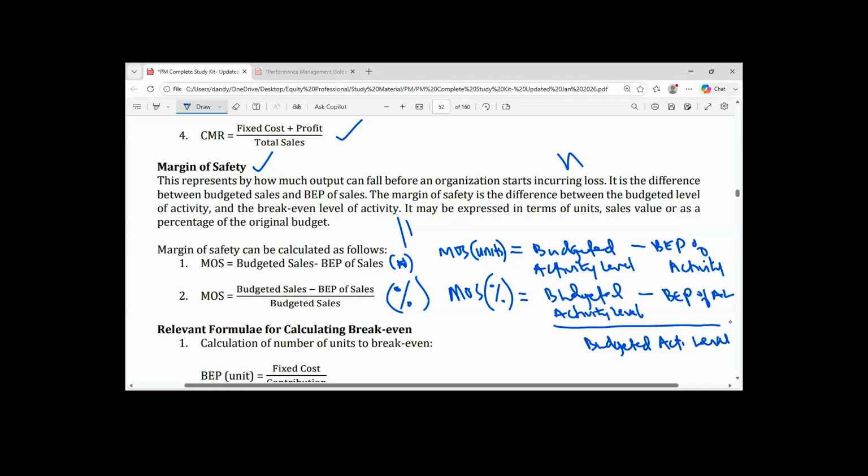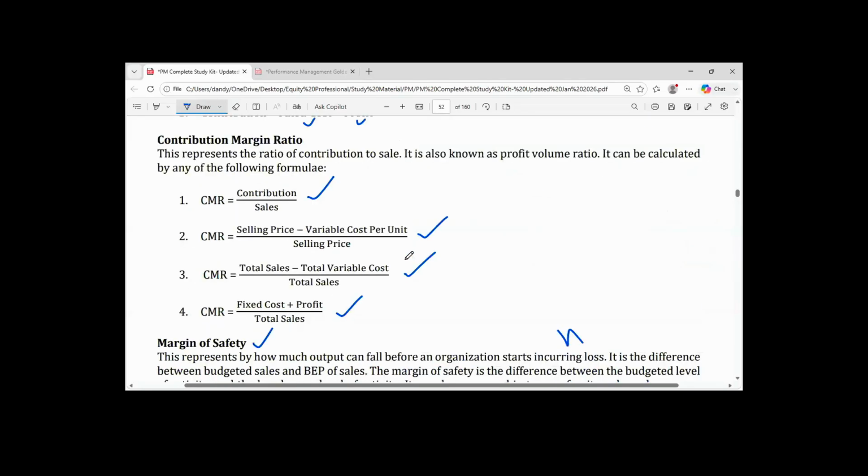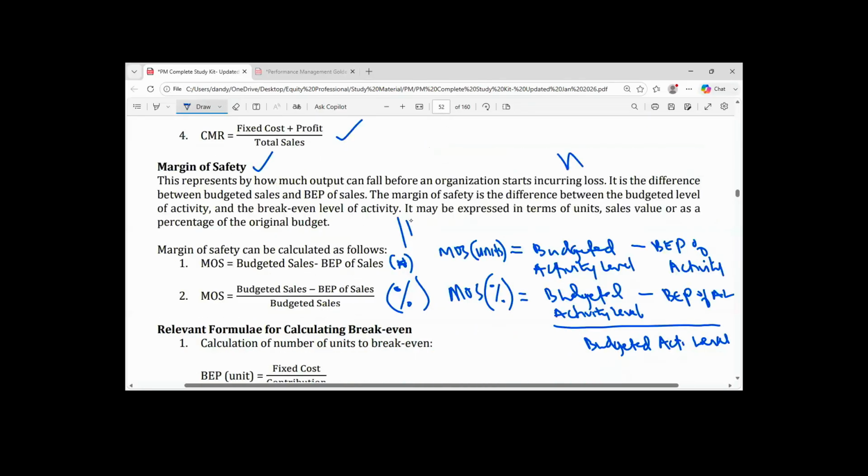So this will be in percentage. Whichever one depends on the information available, you can calculate it based on the information available. So this is how to estimate margin of safety.